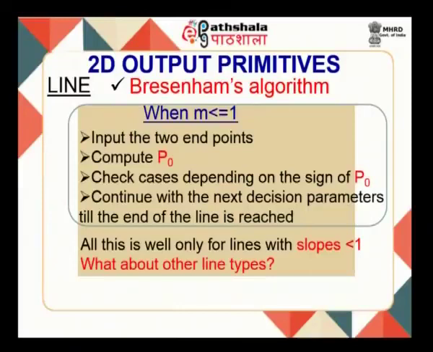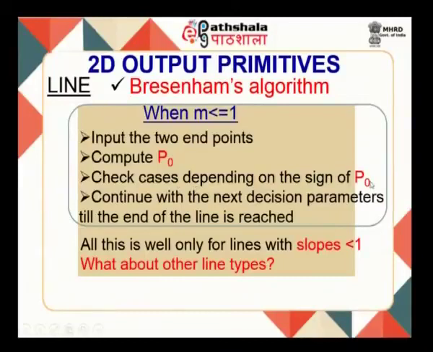So, the steps can be summarized for the m less than 1 case like this. We are choosing the case m less than or equal to 1, and we are going to sample the line along the x axis at unit intervals. The first step is to input the two endpoints of the line; you can look at the procedure summarized here carefully. The next step is to compute P naught using the relation 2 del y minus del x, and check the cases depending on the sign of P naught.